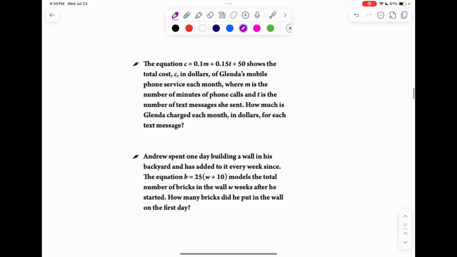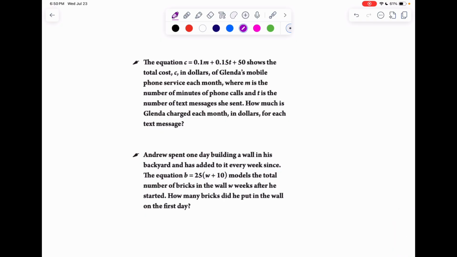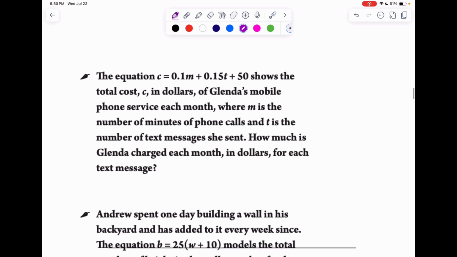So let's see another one here. The equation C equals 0.1M plus 0.15T plus 50 shows the total cost C in dollars of Glenda's mobile phone service each month, where M is the number of minutes of phone calls, T is the number of messages she sent. How much is Glenda charged each month in dollars for each text message?